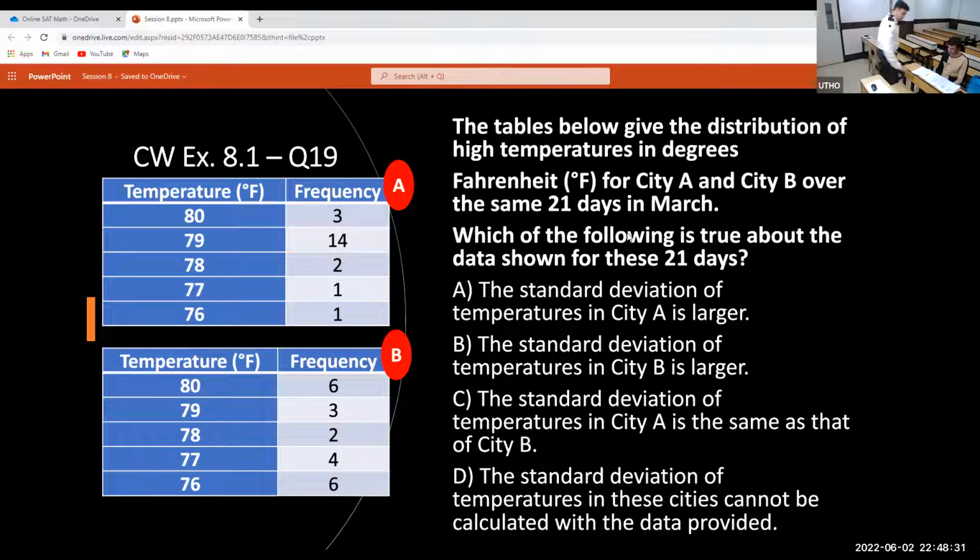ये हो गया? You can share your answer. Sir, I'm doing, 1 second. Okay.